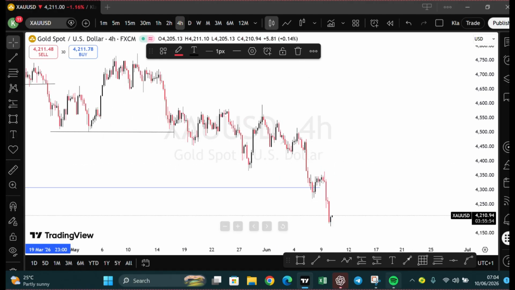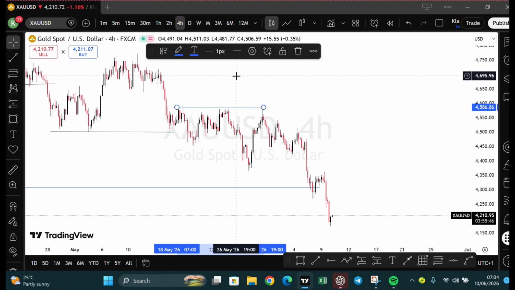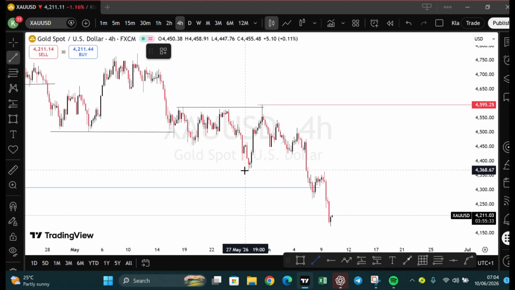From this place, I can see that we have a high that was swept, thereby giving us a protected level here. Then sellers were induced here.